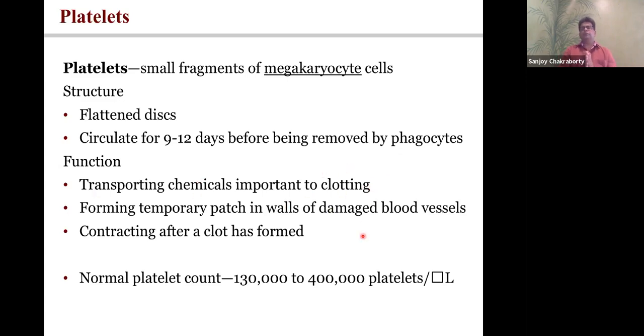Remember, we have a fixed amount of blood. We replace it, but we have about 4 to 6 liters, let's say an average of 5 liters, roaming through all your blood vessels. Now, if a blood vessel gets damaged, blood will come out, and you don't want to lose too much.